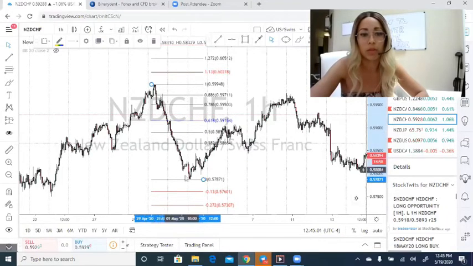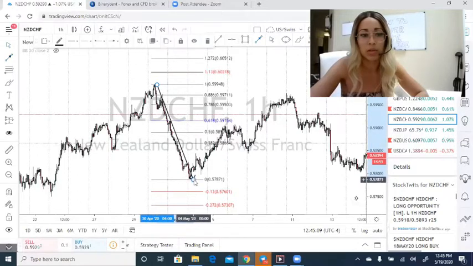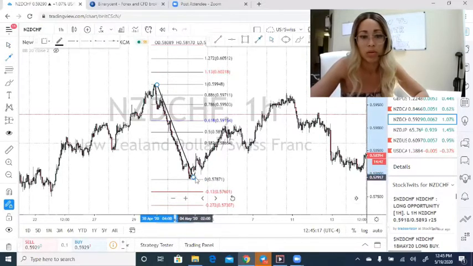So starting here, I need price to come down to here, and then come back up from that point. Here's the 38.2. I need it to minimum come up to this 50% right here, which it did right in here. That's also the maximum of where I wanted it.